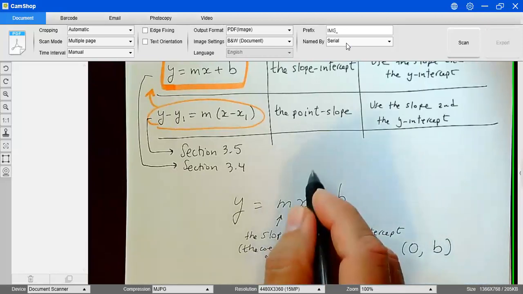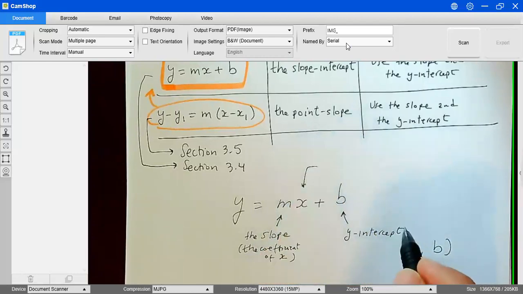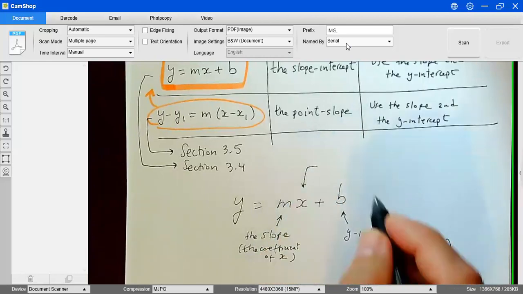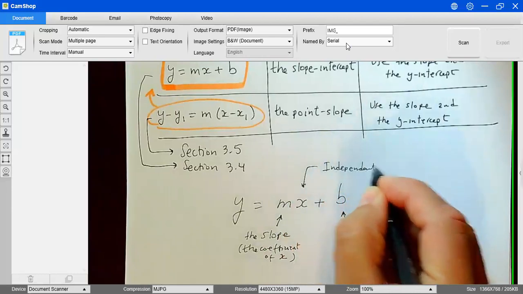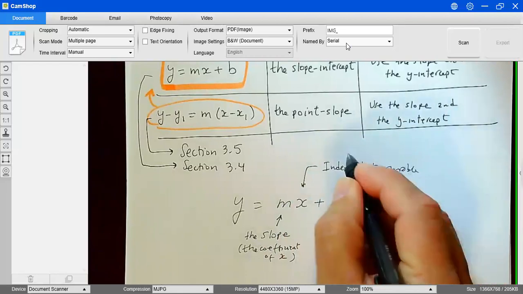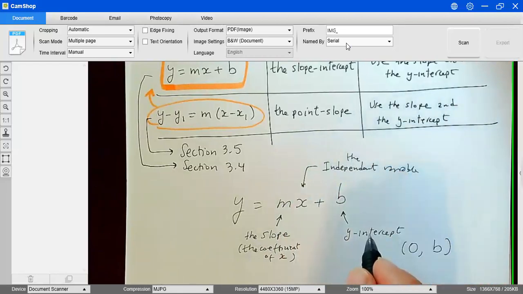So x, in some of the fields that I mentioned before, is known as the independent variable, or the explanatory variable.